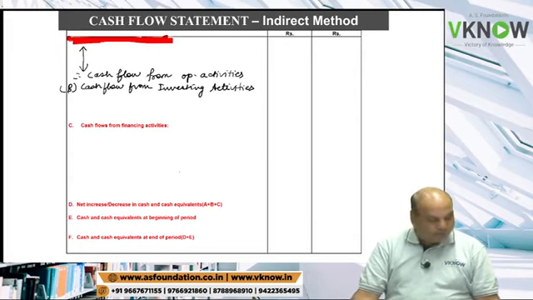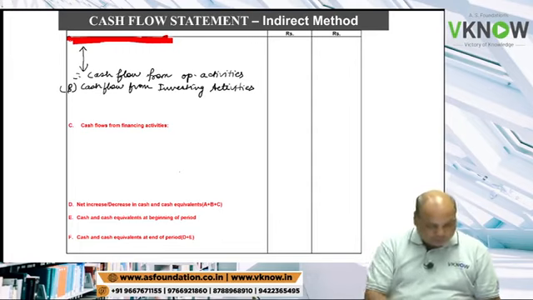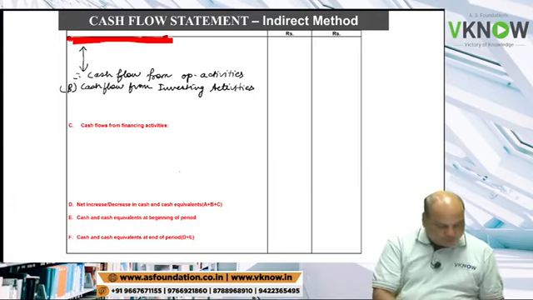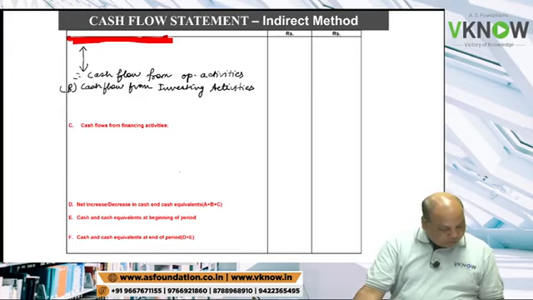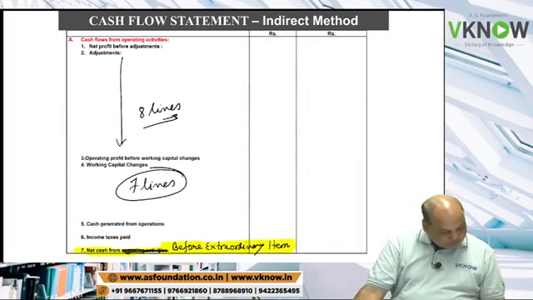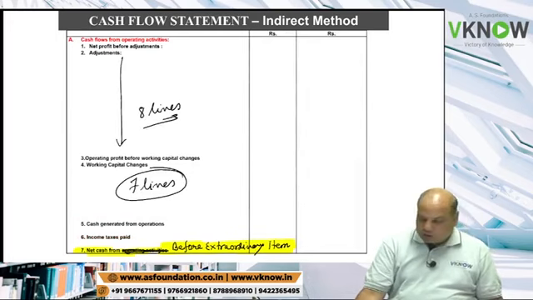Question says, the following figures have been extracted from the books of AS Foundation Limited for the year ended 31st March 14. You are required to prepare a cash flow statement. A. Net profit before taking into account income tax and income from lawsuits, but after taking into account the following item, was 20 lakh.